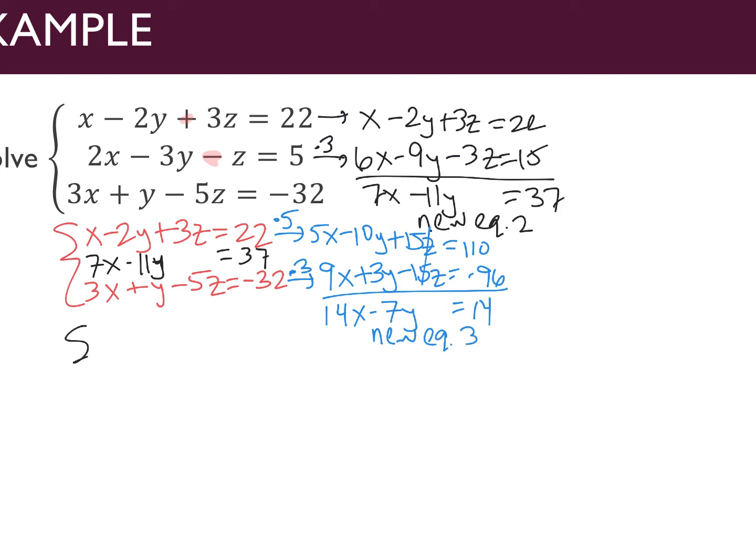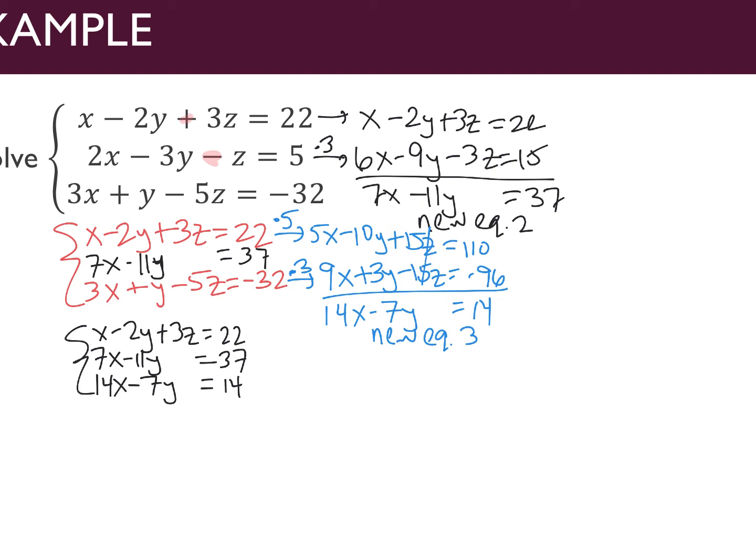So I'm going to recopy my system from the previous step. So old equation 1, the equation 2 we found in the previous step, and my new equation 3. And I would probably choose to get rid of the x, because 7 and 14 is manageable.